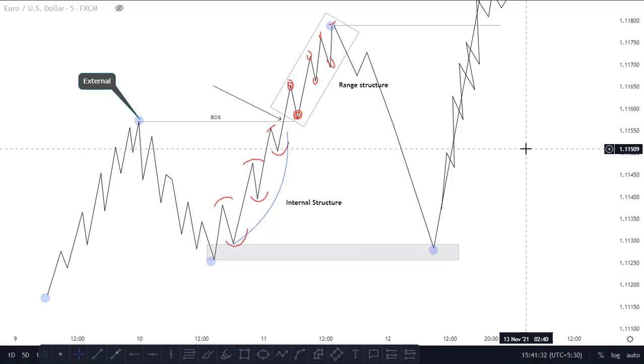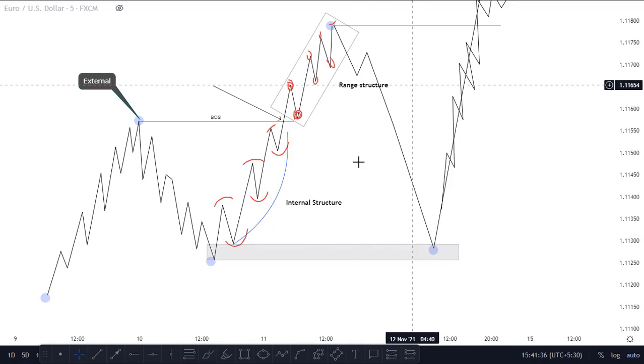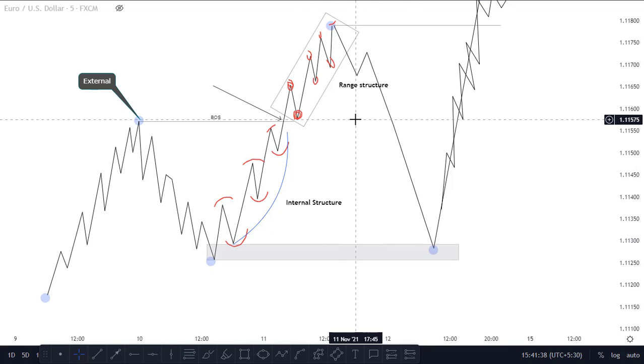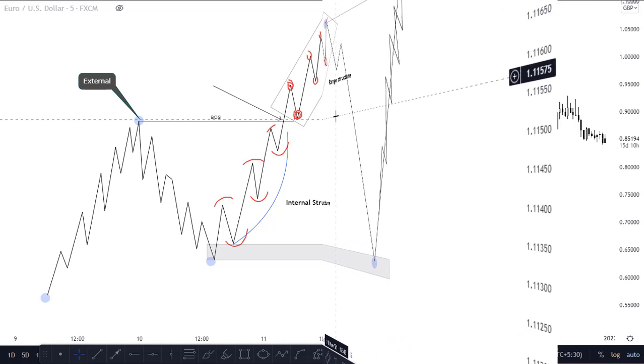I promise you, you are going to see what I'm trying to show you here, and you will start reading price in a professional way. So let's go to the chart and I'll show you how price moves.